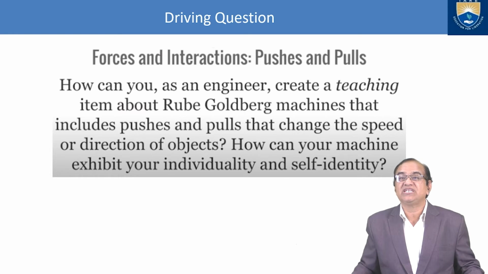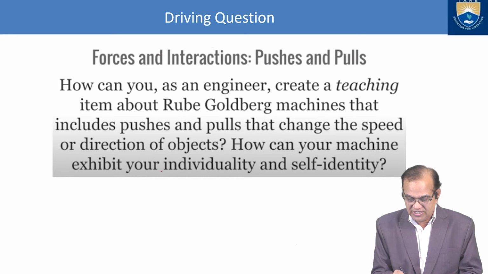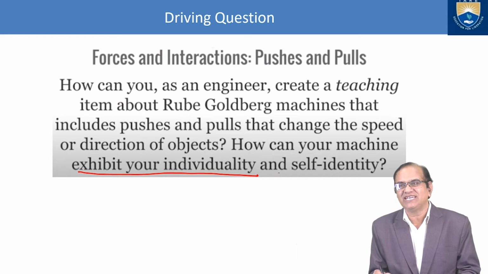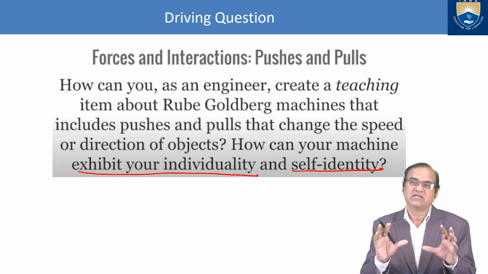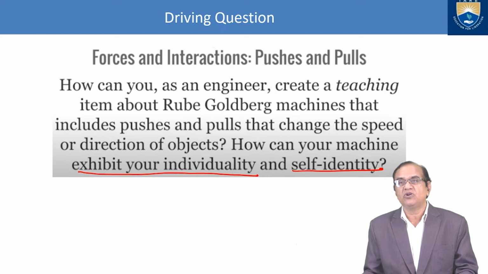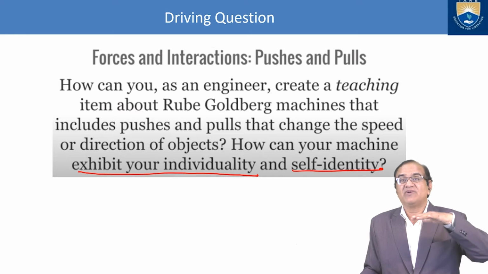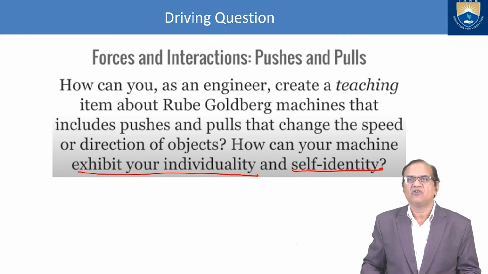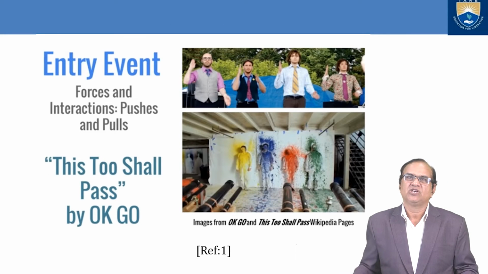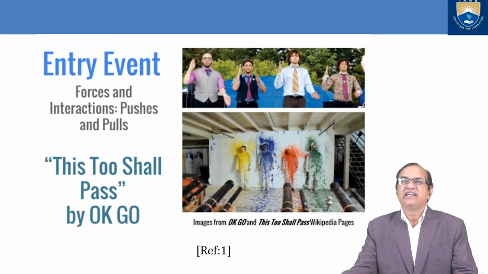How can your machine exhibit your individuality and self-identity? You make some machine, and it can be useful for the society, for your class or some other classes. So it is very essential to have such things. Here is the same question, how we can handle it. So here, entry event.